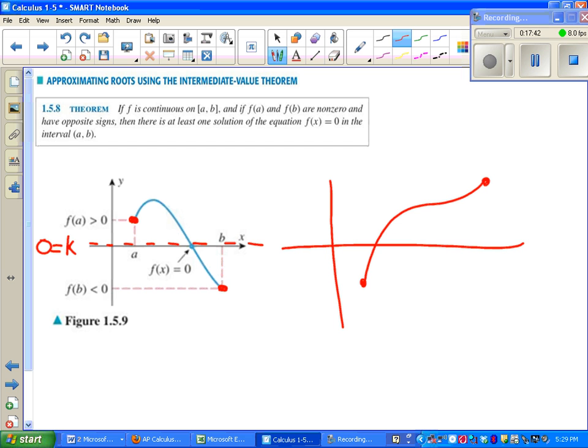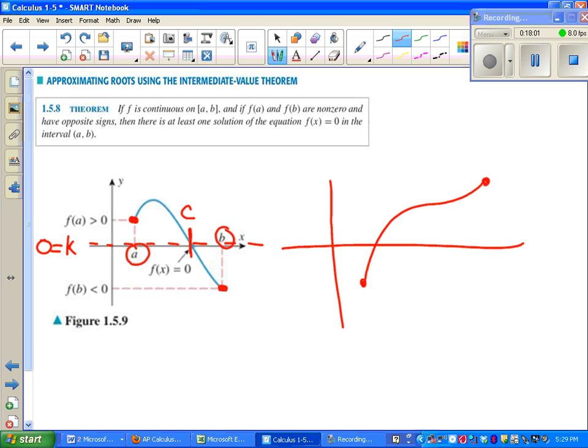If that happens, somewhere between a and b, you'll have to have a 0. Somewhere in there. It doesn't tell us where it's at, unfortunately. Sometimes that's really hard, maybe impossible to find, but it tells us that that point has to exist.